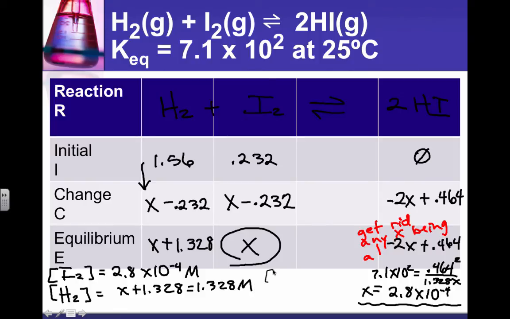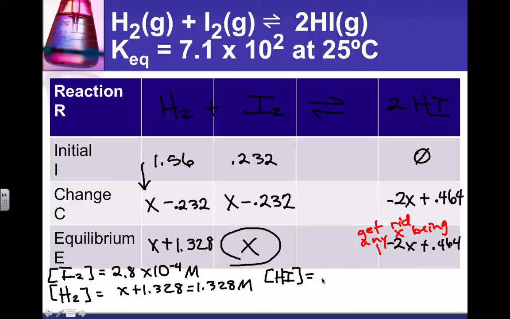And then the concentration of hydrogen iodide is going to be equal to 0.464 minus 2 times X. And when I do all the math and put it through the calculator, I still only get to keep 3 sig figs, so I get 0.464 molar.